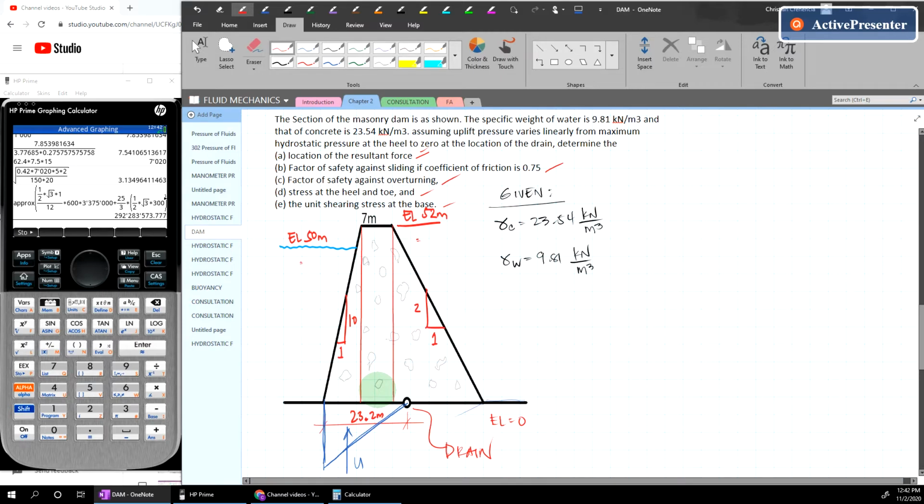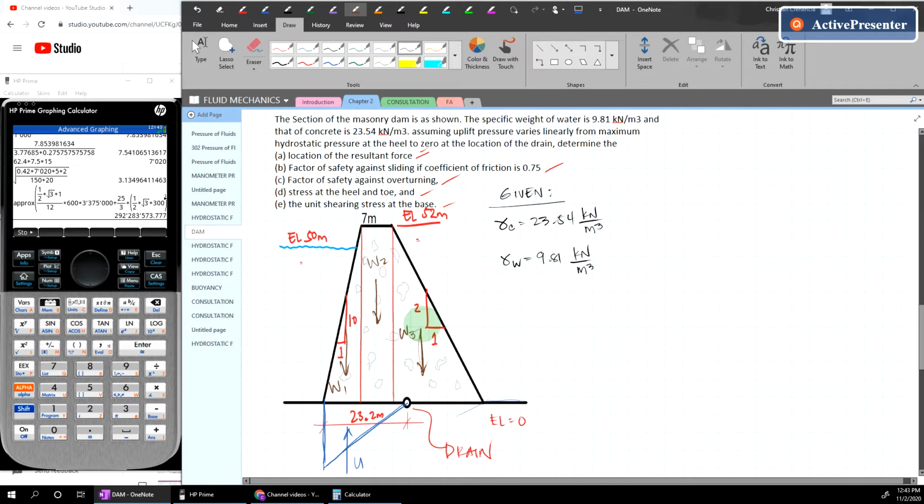Let's call this part weight 1, and ito yung centroid nito. Let's call this weight 2. And sa centroid nitong triangle, let's call that weight 3.